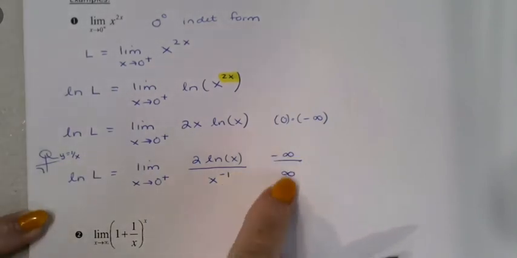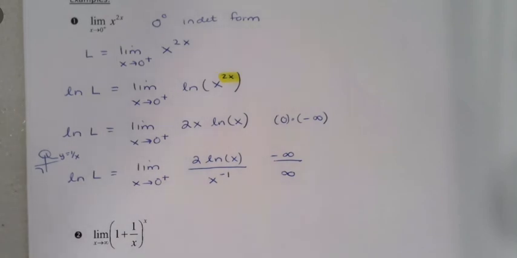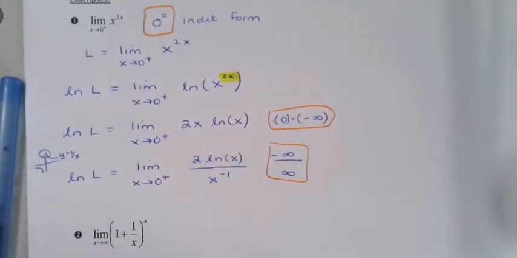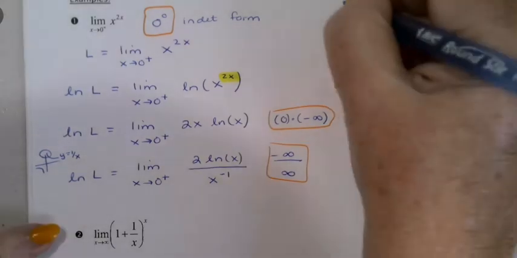So this is now the indeterminate form, negative infinity over infinity. So we have actually managed to go through 3 separate indeterminate forms in this problem. Right? But I'm happy with the last one because this last indeterminate form that I've gotten to finally is one where I can use L'Hopital's rule. So we're going to do that.